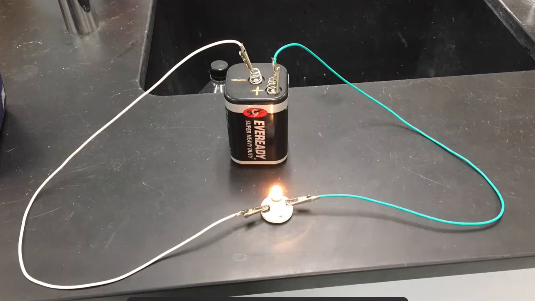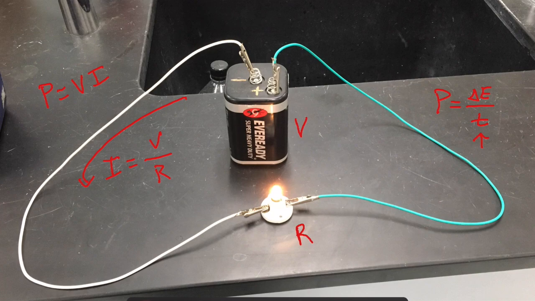So when we're trying to figure out what's going to happen with our light bulb, we need to know the voltage, we need to know the resistance. We can then calculate the current. Once we have the current, we could find the power by doing current times voltage. We could then take the power and find out how much energy we're going to get from our battery in a certain amount of time.